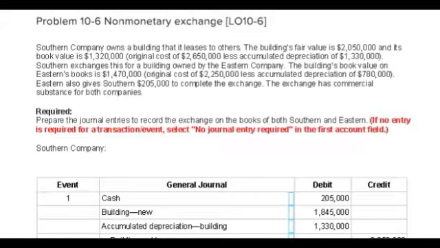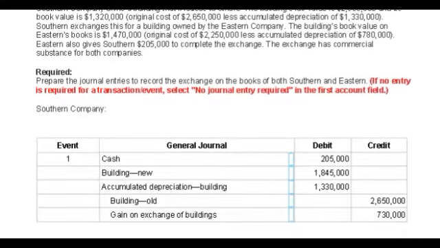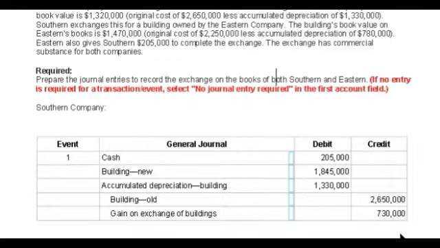At the same time, what you have to do is get rid of all the records related to the old building that you're giving up. So the old building had an original cost of 2.65. How do we know that? Because it told us up here, right? It says the current building had a 2.65 original cost.